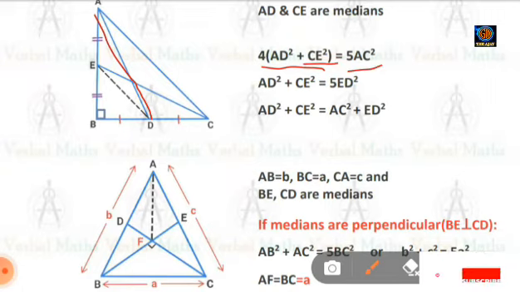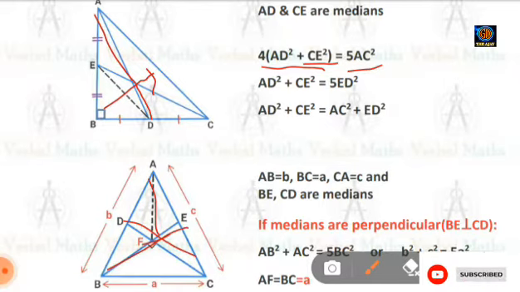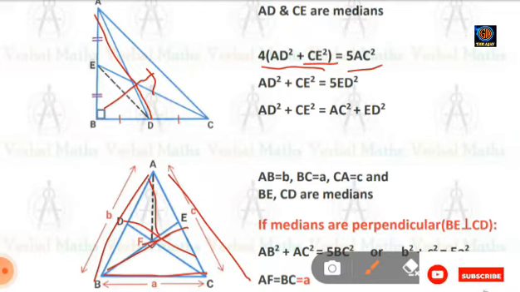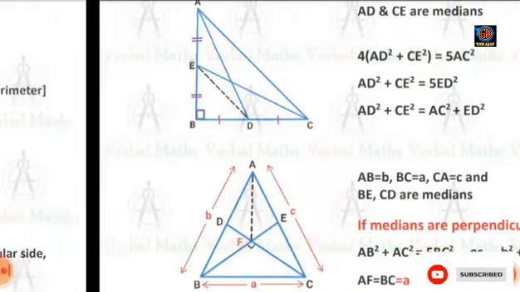In simple language, we can say 5 times the square of the side in front of the right angle is equal to 4 times the sum of the squares of the other medians. If medians are perpendicular to each other, then AB square plus AC square is 5 times BC square, which is in front of the vertex.